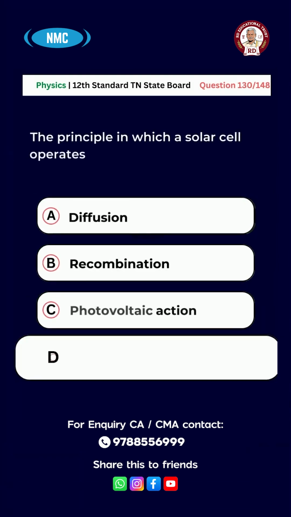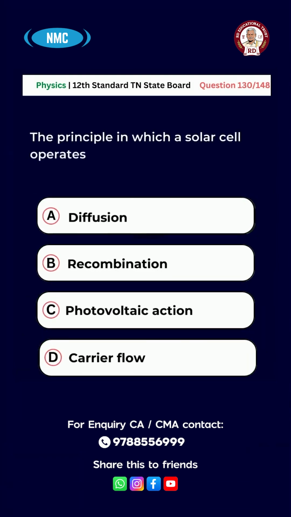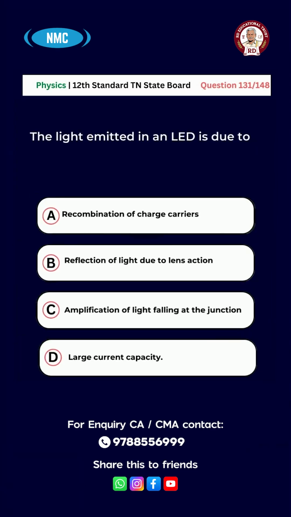Question number 130. The principle on which solar cells operate: option A, diffusion; B, recombination; C, photovoltaic action; D, carrier flow. The right answer is option C, photovoltaic action. Question number 131. The light emitted in an LED is due to: option A, recombination of charge carriers; B, reflection of light due to lens action; C, amplification of light falling at the junction; D, large current capacity.